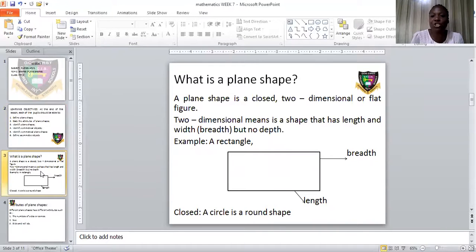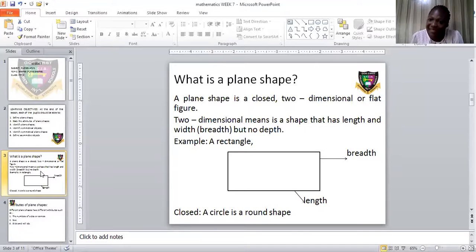Now let's go one after the other. What is a plane shape? A plane shape is a round shape. A closed, two-dimensional shape. Two-dimensional means a shape that has length and breadth, or width, but no depth.